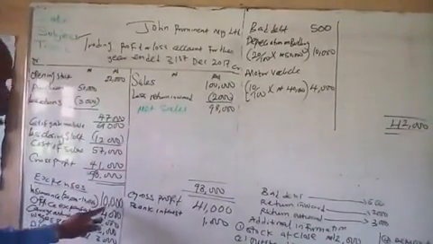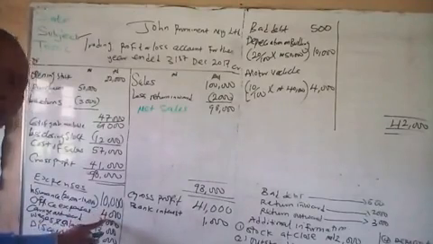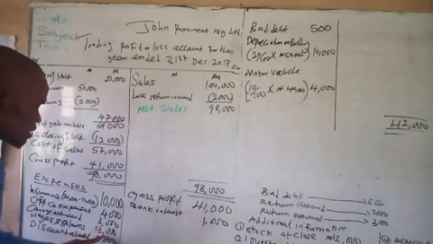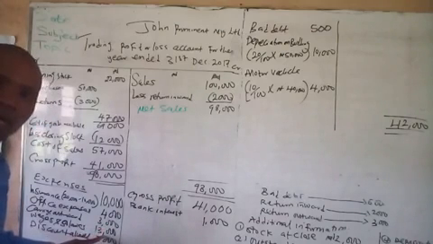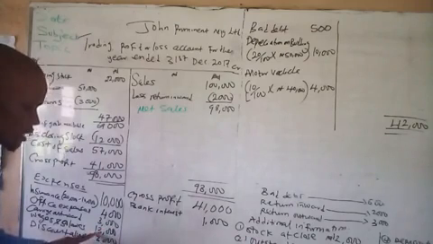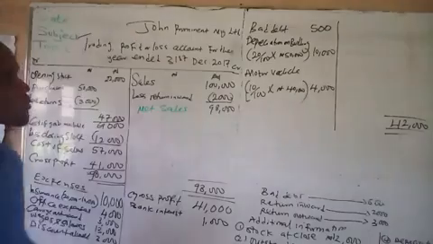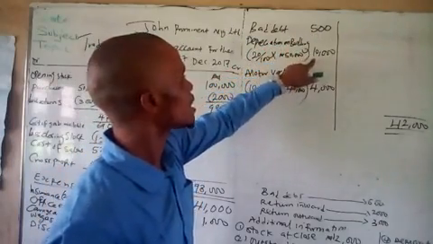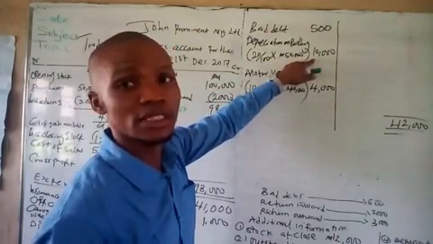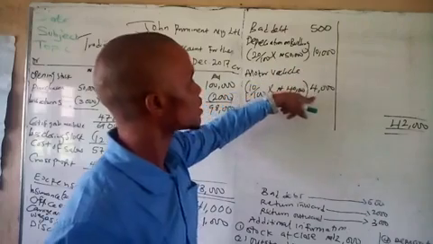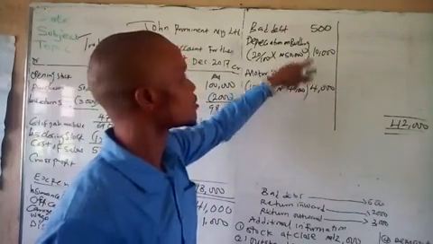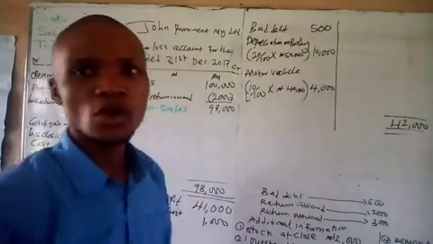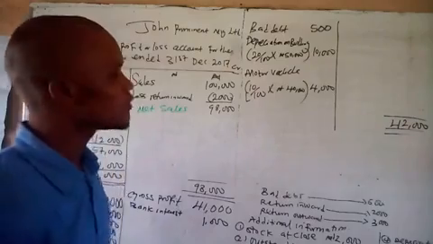We have insurance 10,000 naira plus 4,000, 14,000. 14,000 plus 3,000, 17,000. 17,000 plus 3,000, 20,000. 20,000 plus 13,000, 33,000. 33,000 naira plus 500. 33,000 naira plus 10,000, 43,000. 43,000 naira plus 4,000 naira, 47,000. 47,000 plus 500, 47,500.